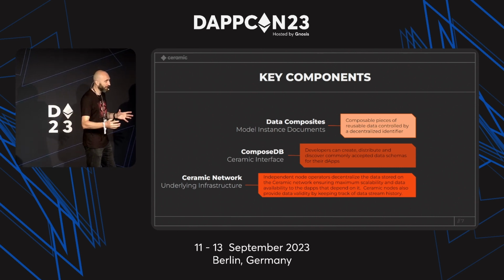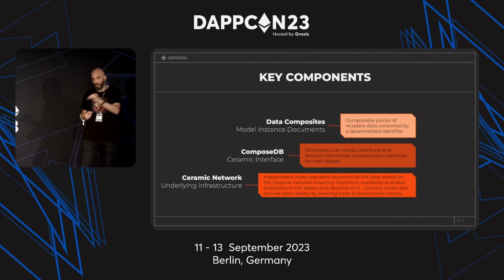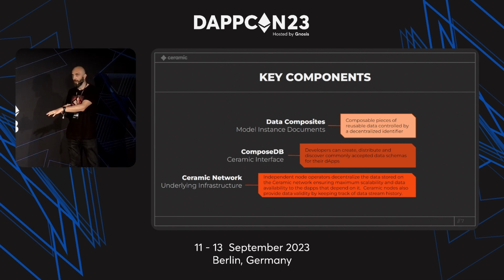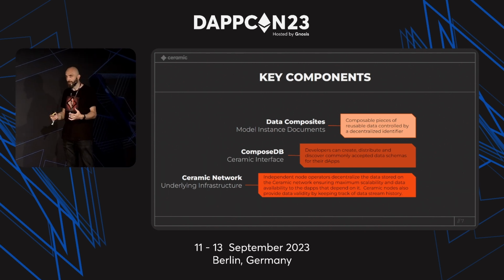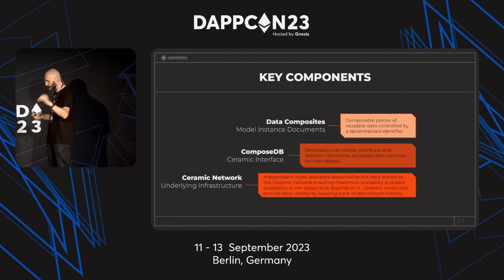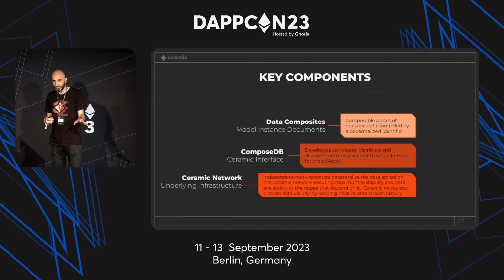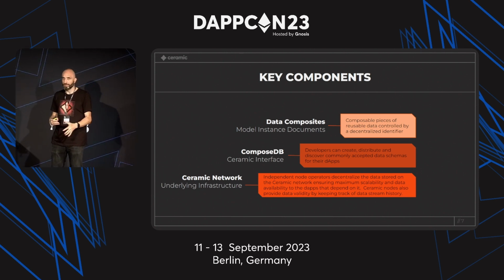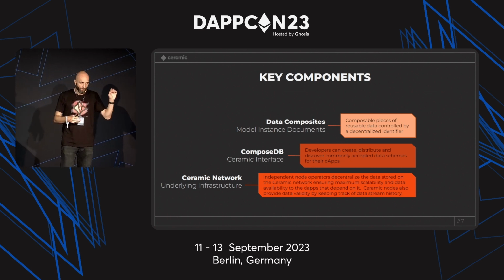With ComposeDB, you work with it as a database, but it's public, and it's also as fast as using a database. It also has the benefits of data on blockchain, because I didn't mention it yet, but the whole idea is verifiability. All the data is verifiable and provable.